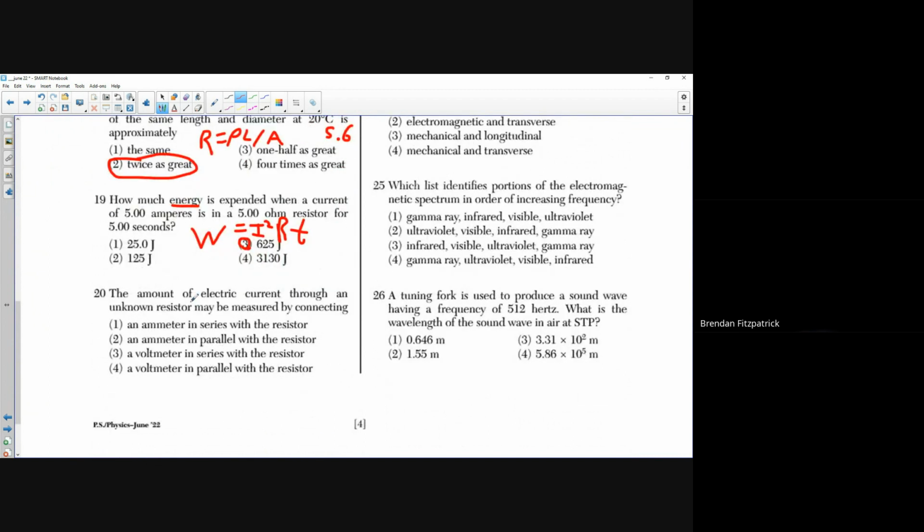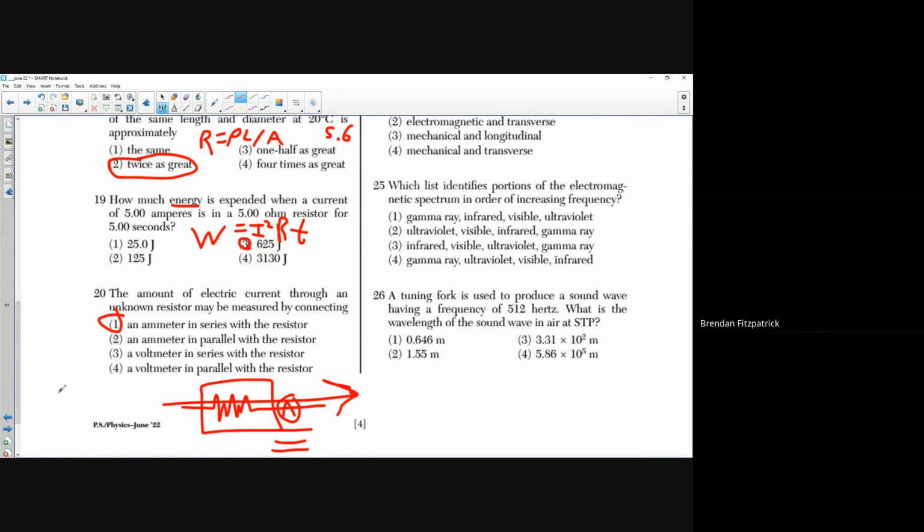20. The amount of electrical current through an unknown resistor may be measured by... Okay, so whenever you want to measure the current going through a resistor, I would always say, you just put the ammeter right on the wire, right next to the resistor. Another way of saying that is the ammeter needs to be in series with the resistor, so that the current goes through the ammeter, and then the ammeter can actually measure the current that is equivalent to the current going in the resistor.